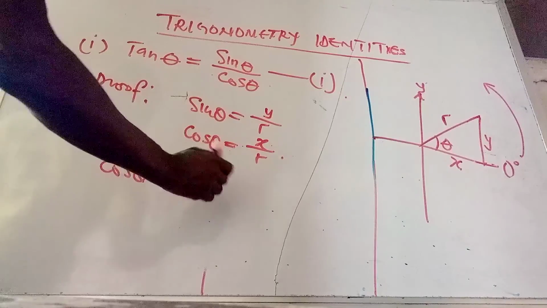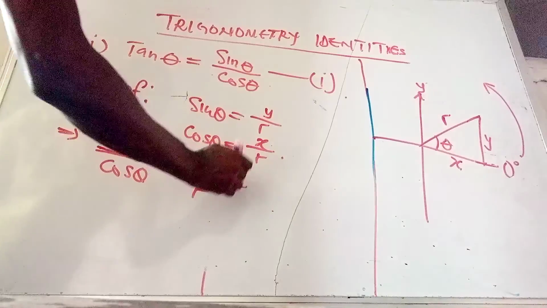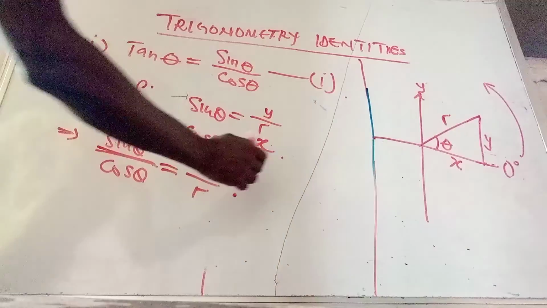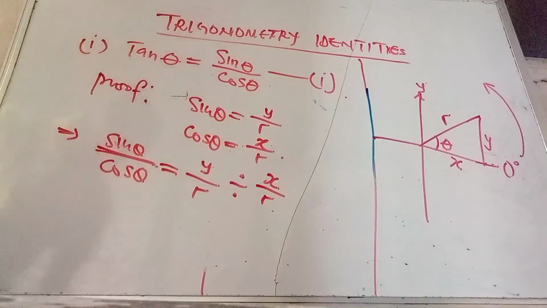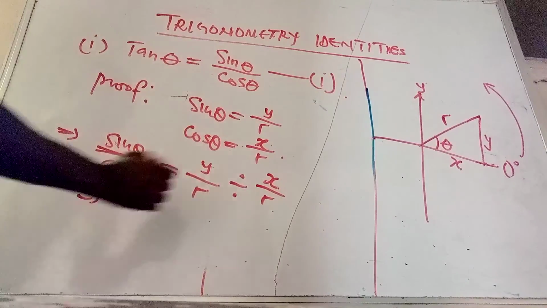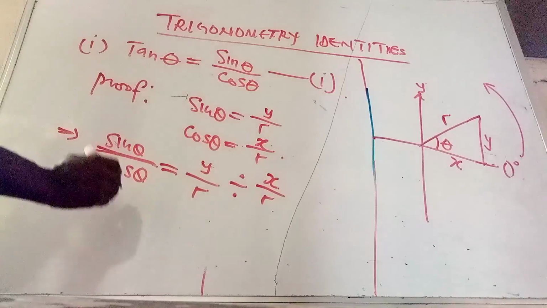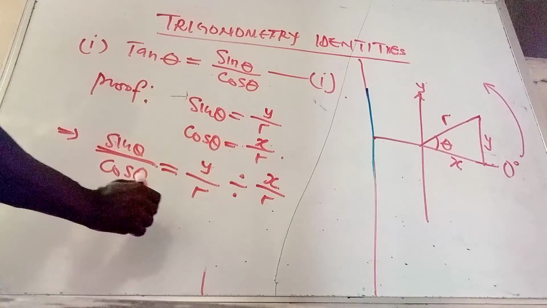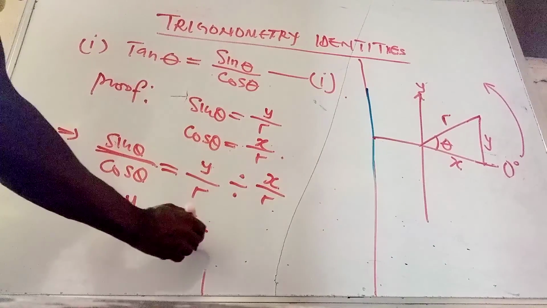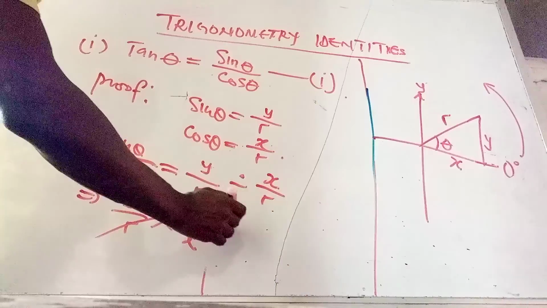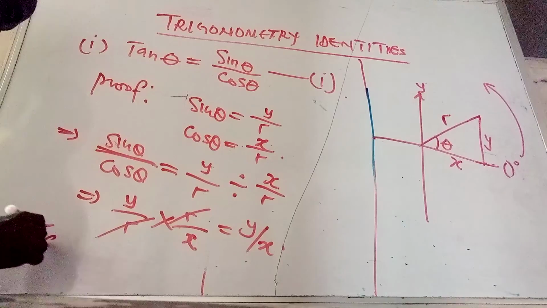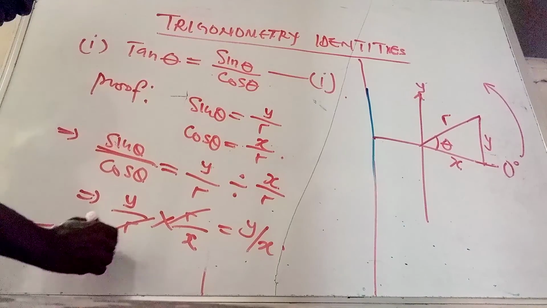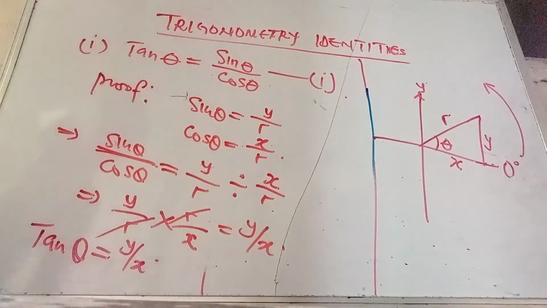Y over r, divided by what is cos theta? X over what? R. So according to mathematics, this will turn upside down. We have y over r times r over x. R cancels r, which is y over what? X. So definitely, tan theta equals to what? Y over x.